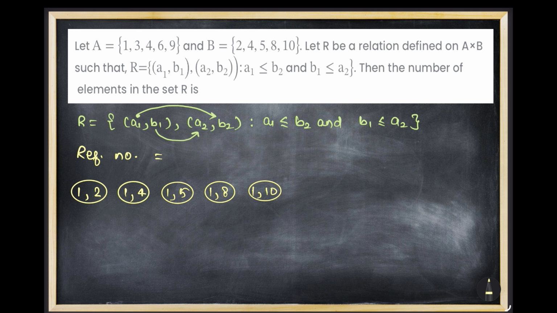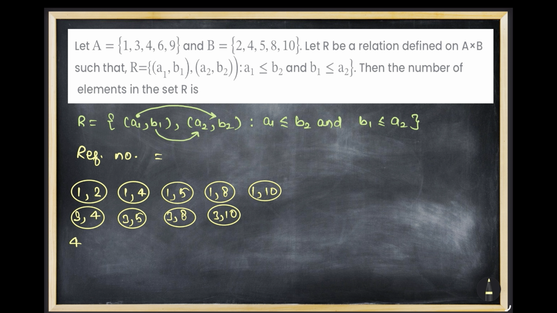So 1 will be connected with this many things. Then 3 will be connected with 4, 5, 8, and 10. So done with 3.